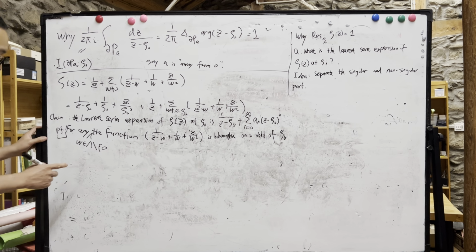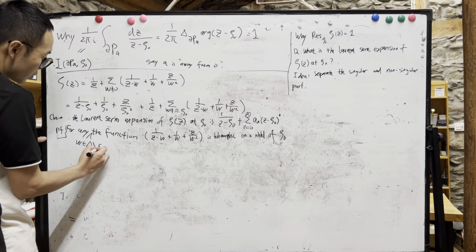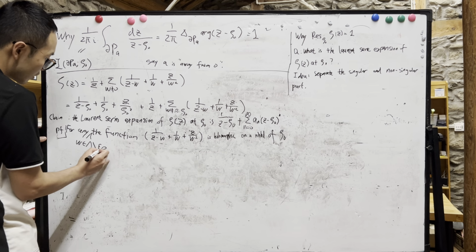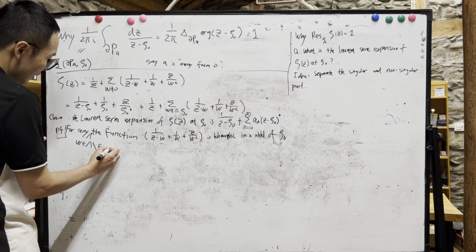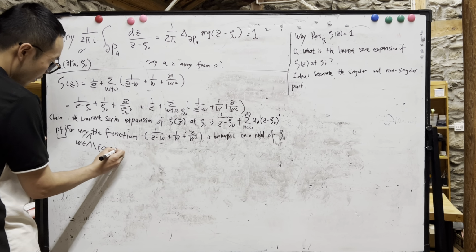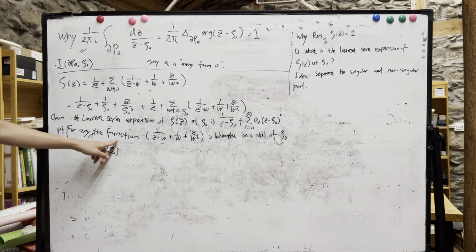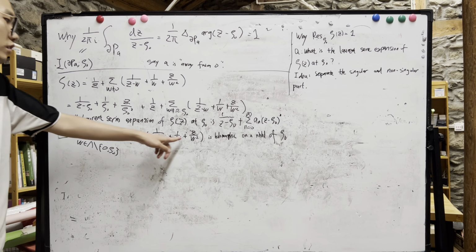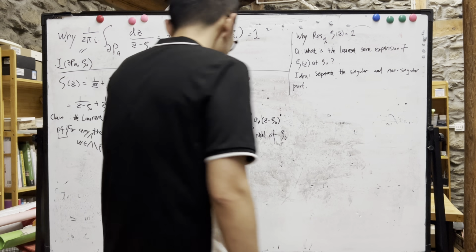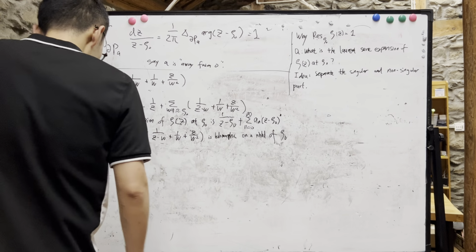For the notation, I will use the lattice points minus 0 and also zeta naught. So for any omega in this set, this function is holomorphic on a neighborhood of zeta naught.